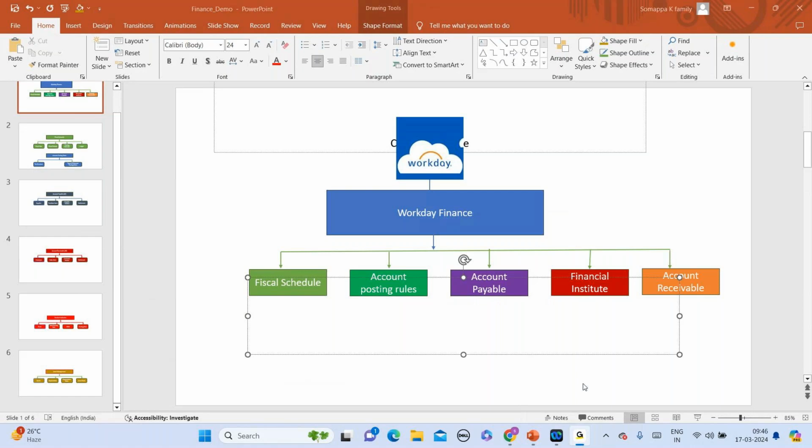Similarly, a lot of companies are now global. Whether you are in the USA, India, Japan or Singapore, we need to do transactions based on the currency. So we have to maintain the currency conversion rates in our Workday system, basically USD to EUR, EUR to USD, USD to INR, like that.